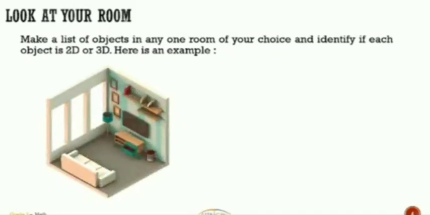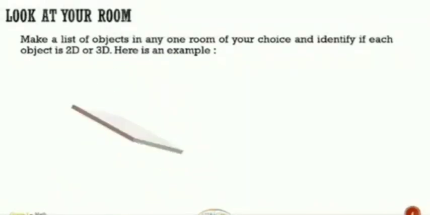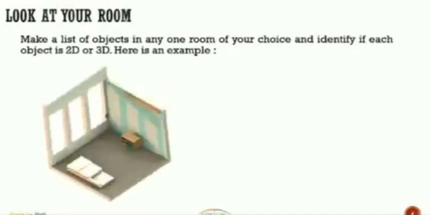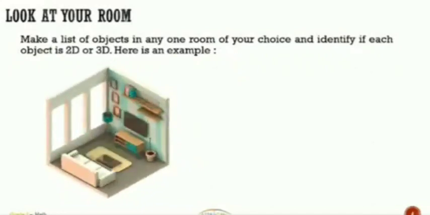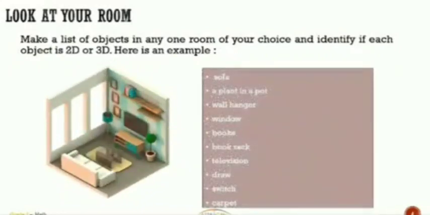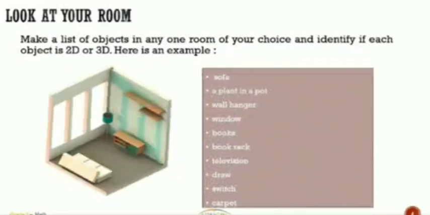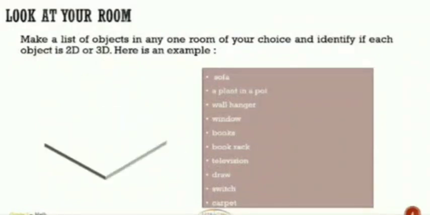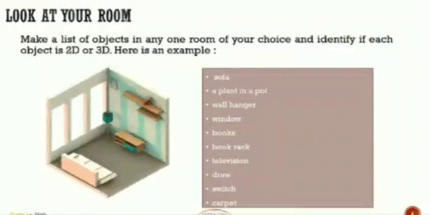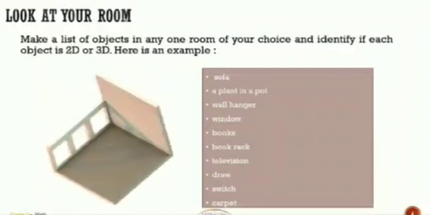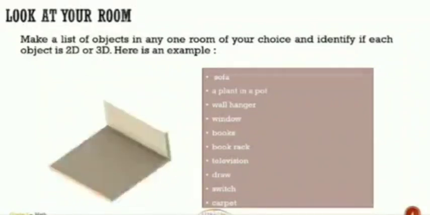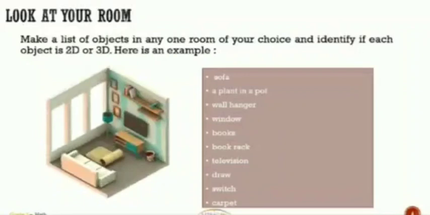So we can say here are some objects like your sofa, a plant in your home pot, wall hanger, window, books, book rack, television, drawer, switch, and carpet.